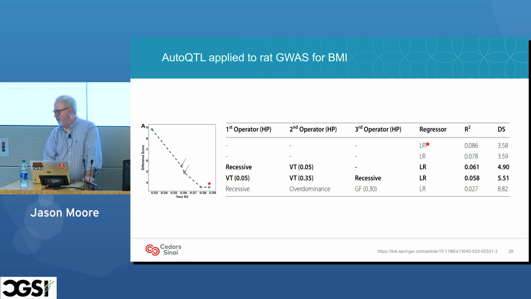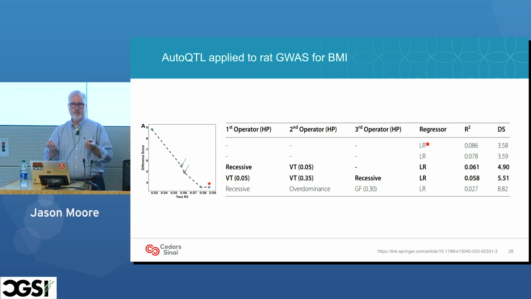It did select linear regression with all 18 SNPs, down here, and these two models at the bottom have the high testing R-squared, but seem to be overfitting. So these two in the middle are doing a selection, something like half the SNPs are selected, fed into linear regression, encoded with a recessive encoding, and that seems to balance the overfitting and the predictive accuracy.